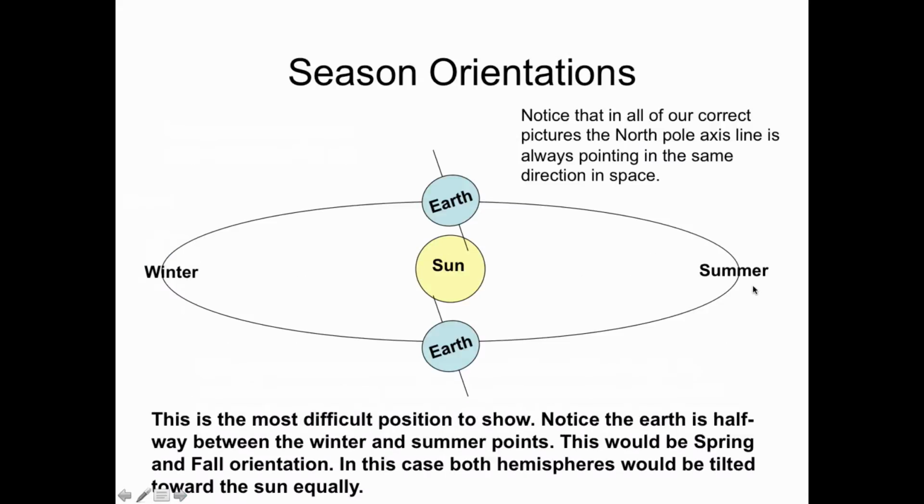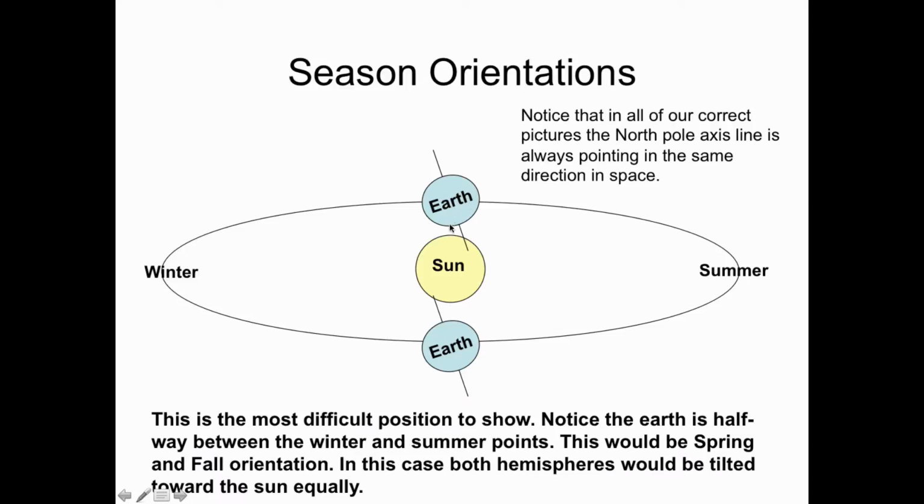Now, the hardest one to depict of all the positions is our equinoxes in spring and fall. We know when we're over here in the summertime, the northern hemisphere is pointed more towards the sun than the southern hemisphere is. We just saw when we're over here in the winter, the southern hemisphere is more pointed toward the sun than the northern hemisphere.